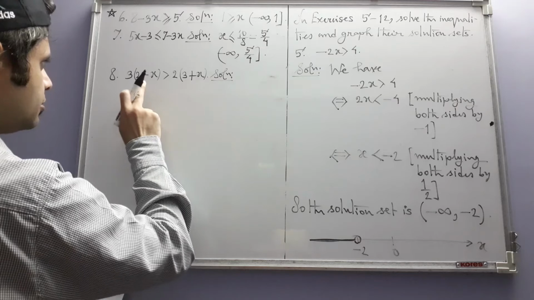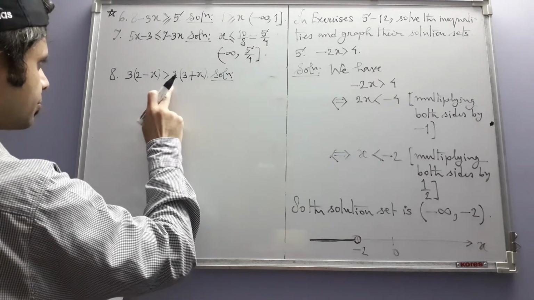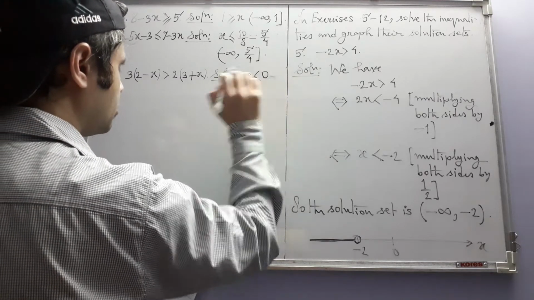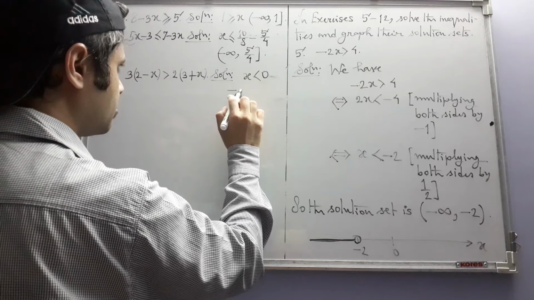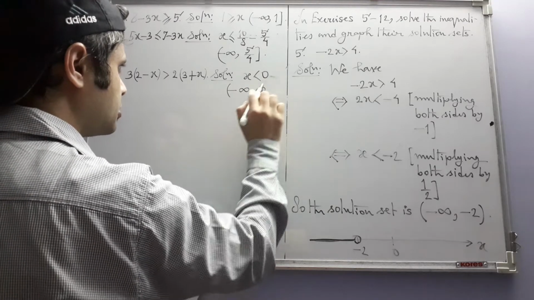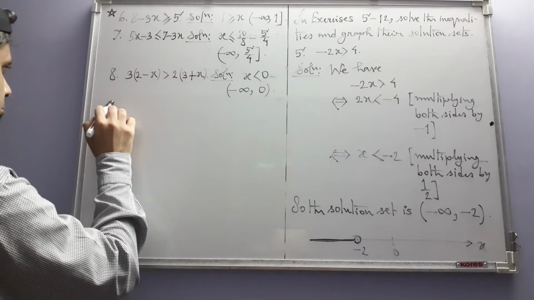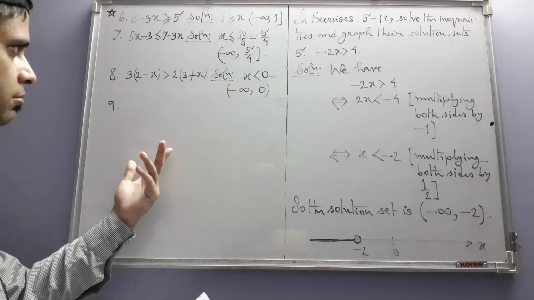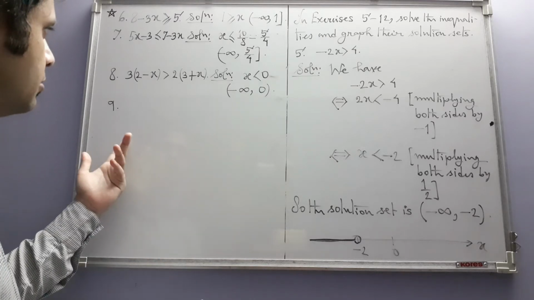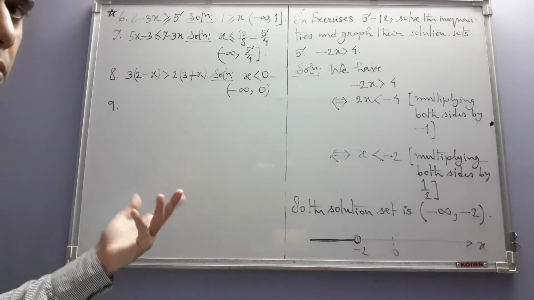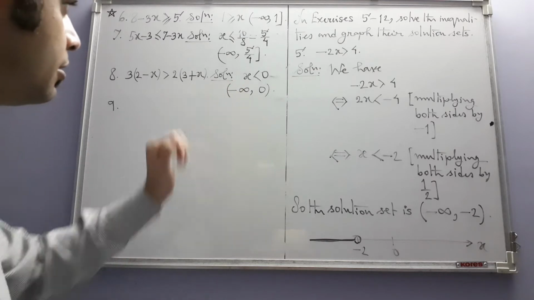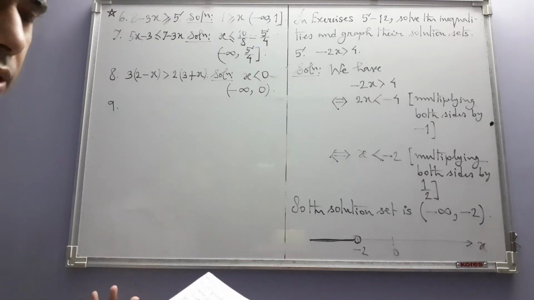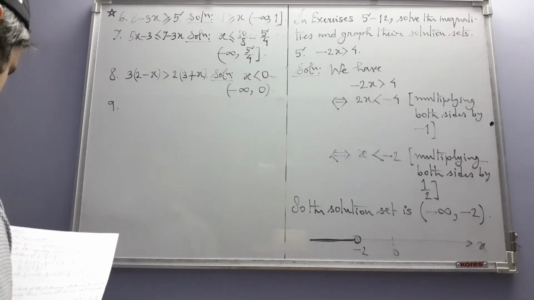So that means 0 is greater than 5x. That is, x is less than 0. So this is the solution set. Note that I am doing it in an extremely short manner. Almost verbally I am just going through all the arguments and trying to find the solution. So naturally I may make mistakes, so you verify all these things.